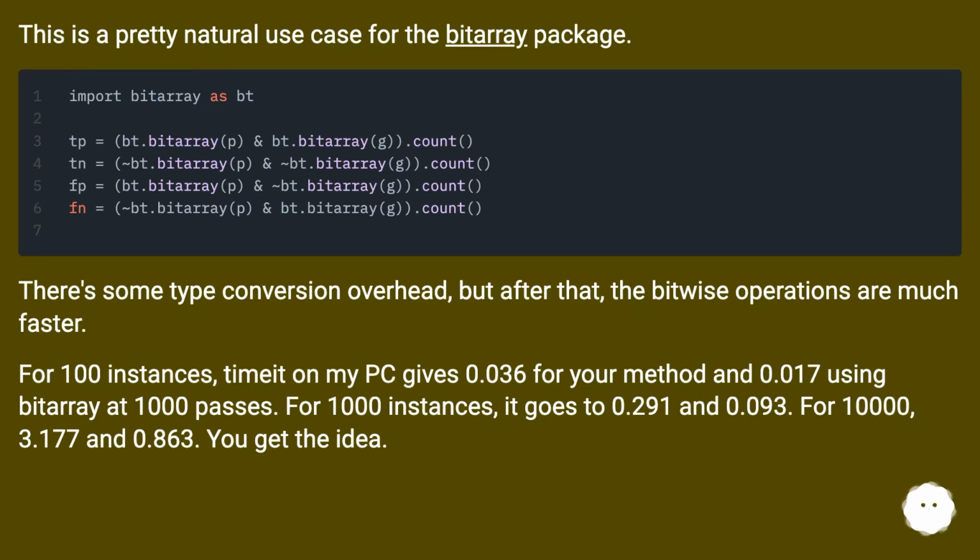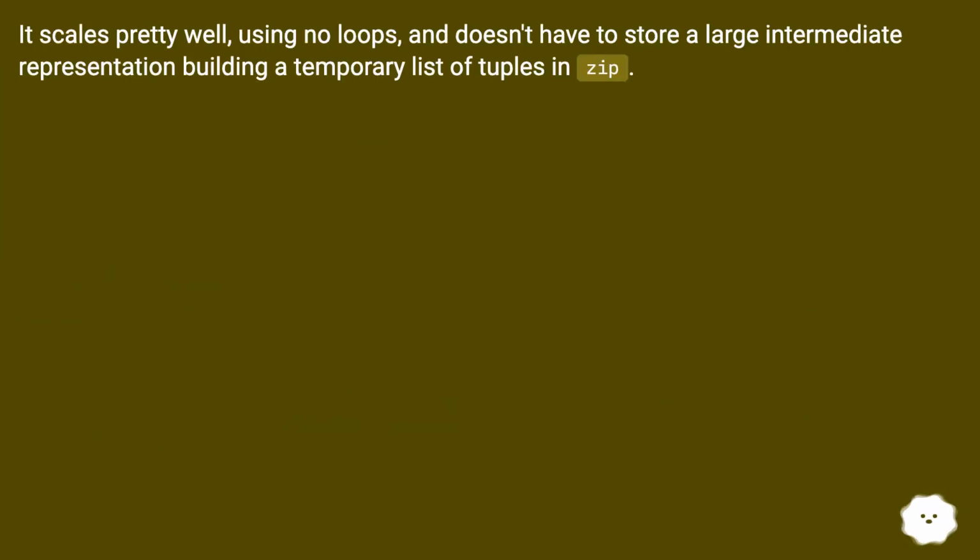For 1000 instances, it goes to 0.291 and 0.093. For 10,000, 3.177 and 0.863. You get the idea. It scales pretty well, using no loops, and doesn't have to store a large intermediate representation building a temporary list of tuples in zip.